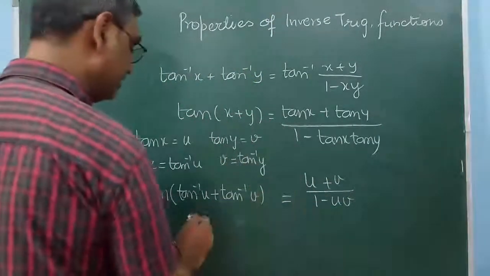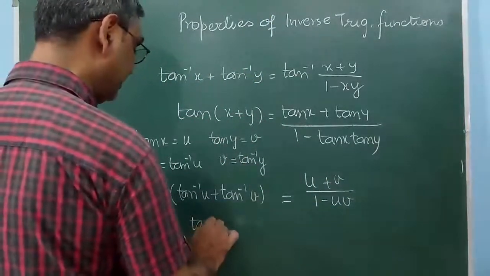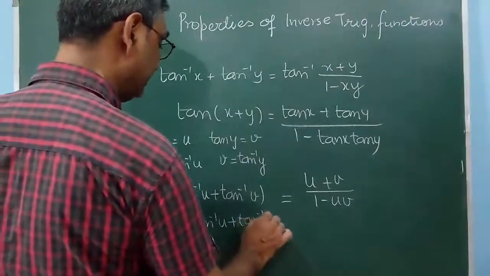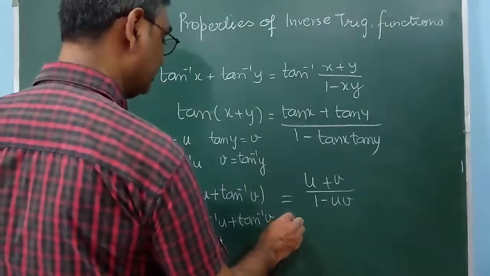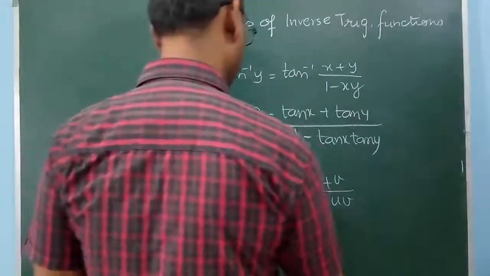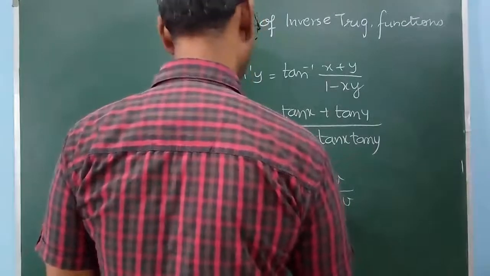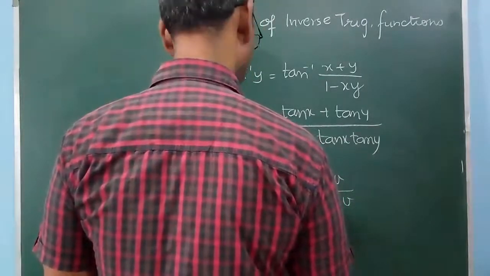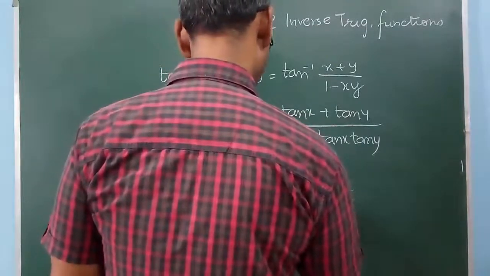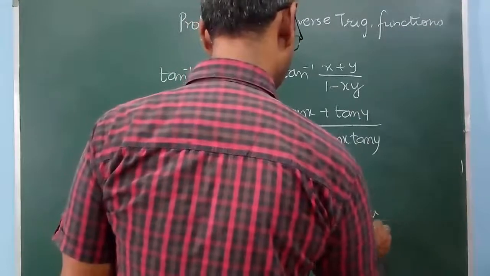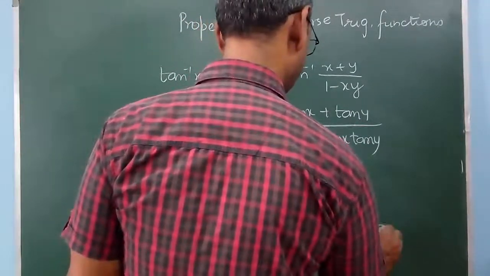This tan I can take to that side. So tan inverse u plus tan inverse v is equal to tan inverse of u plus v upon 1 minus uv.